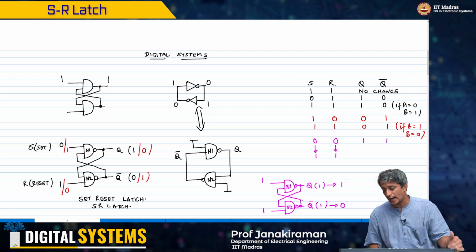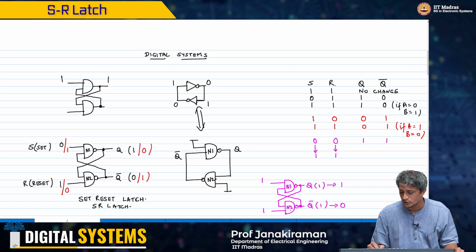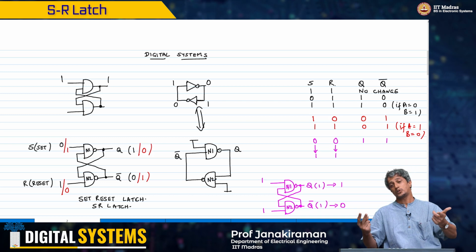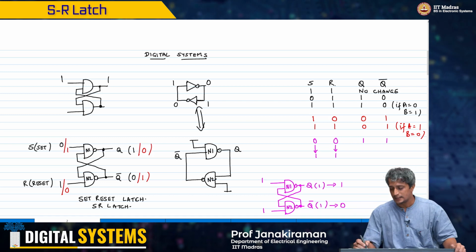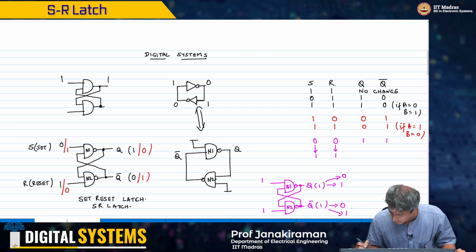Now on the other hand, if I analyze it the other way, N2's output is 1, Q bar is 1, and therefore N1's inputs both happen to be 1 1. Then this output could go to, instead of this transition, it could also go to 0 1.